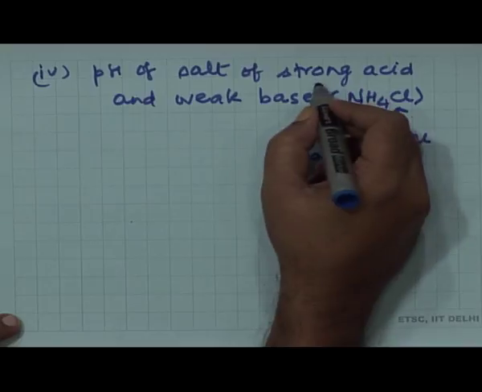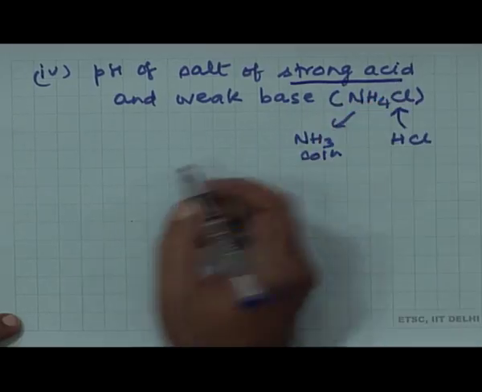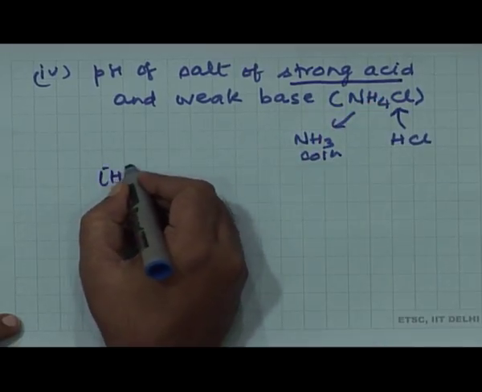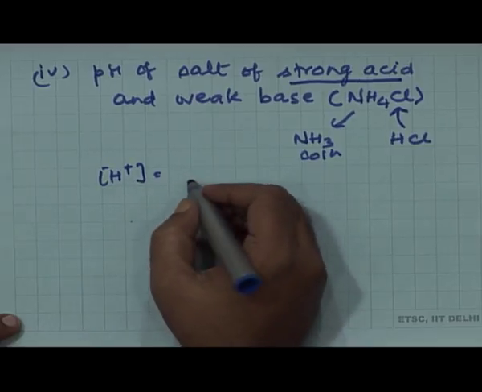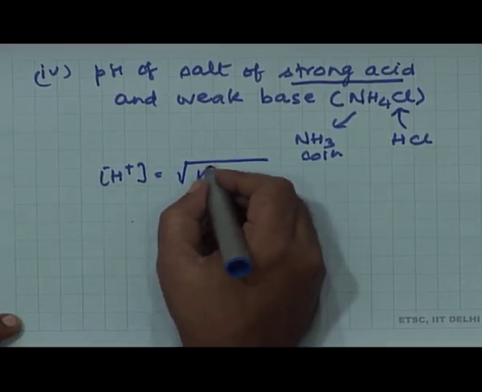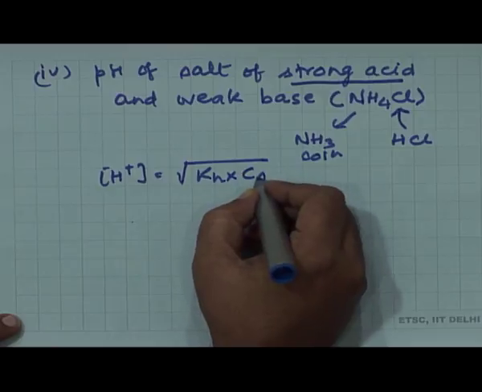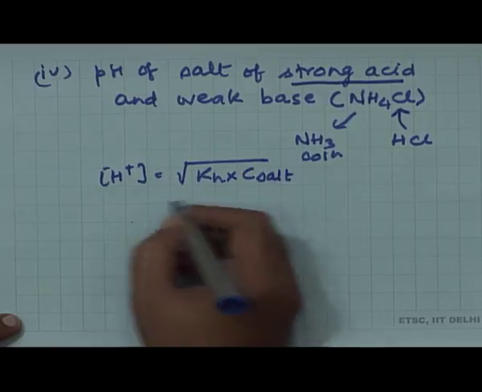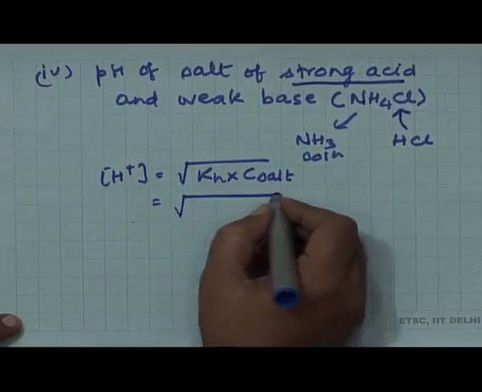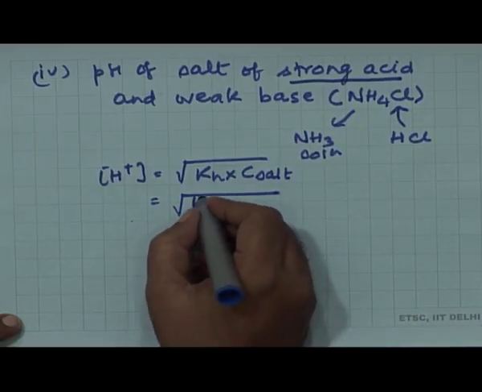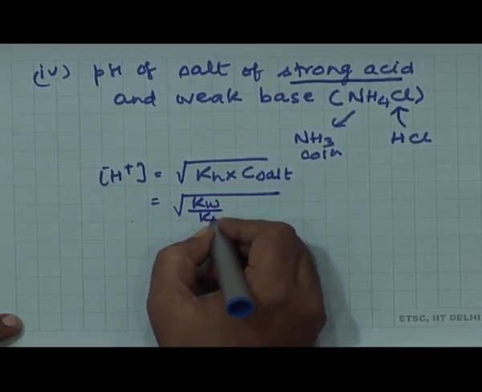Since this is a salt of a strong acid, we will write H plus ion is equal to root under Kh into C salt, and since the salt is of weak base, Kh will be equal to Kw by Kb.